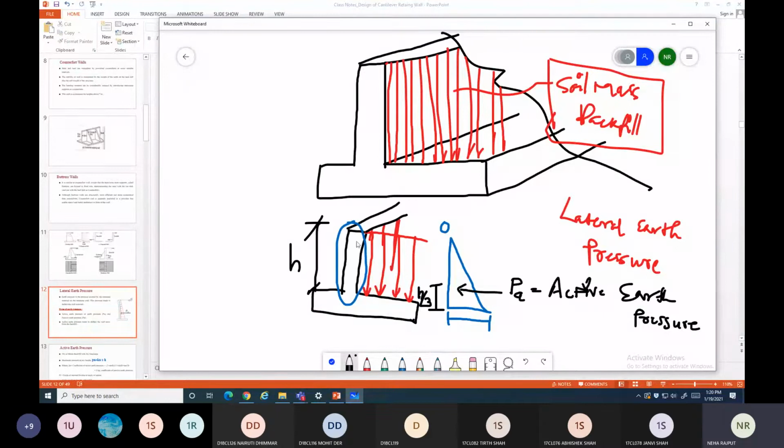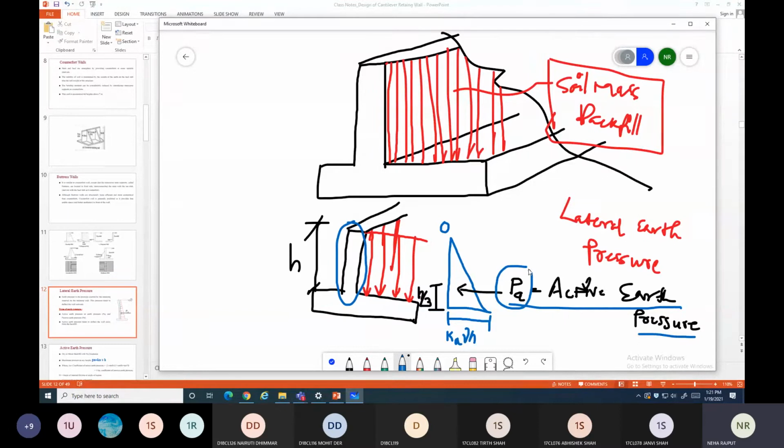So this pressure acts at h by 3 distance, and the maximum pressure value is Ka into gamma into H, where Ka is the active coefficient, gamma is the unit weight of soil, and H is the height of the stem.